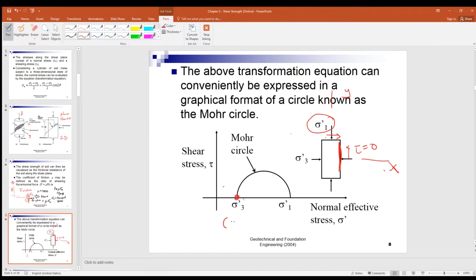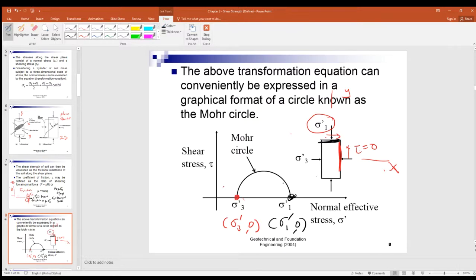Because sigma 3 dash is 0, right? And then here you have sigma 1 dash 0, right?